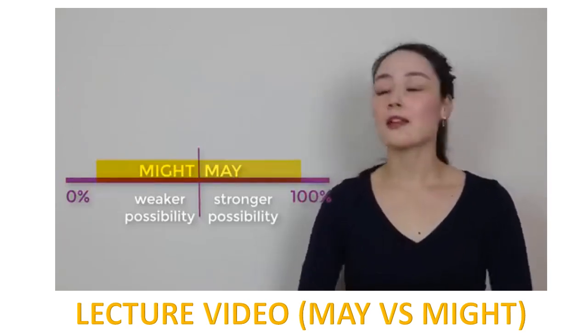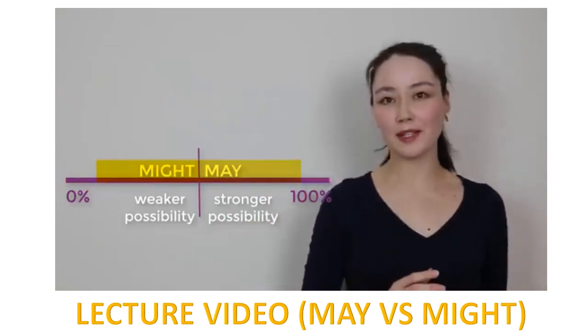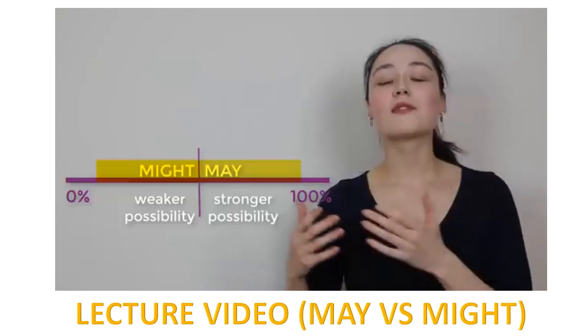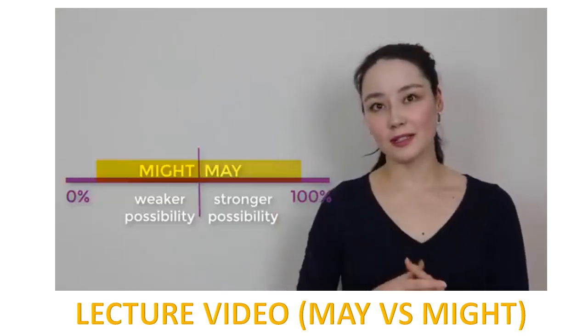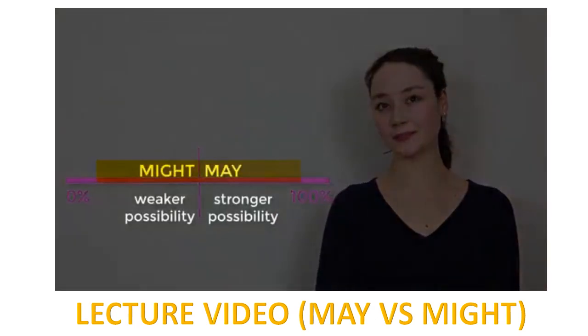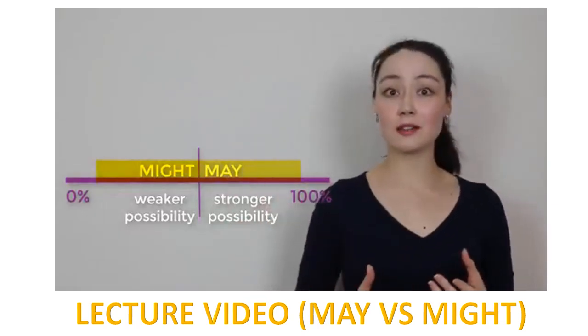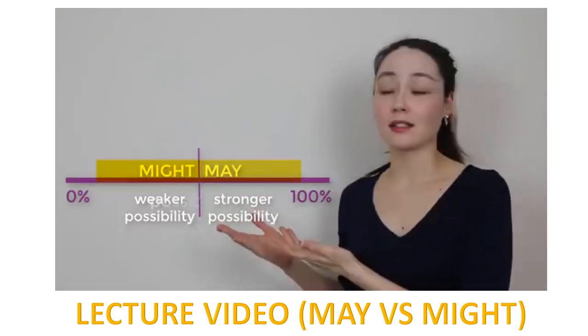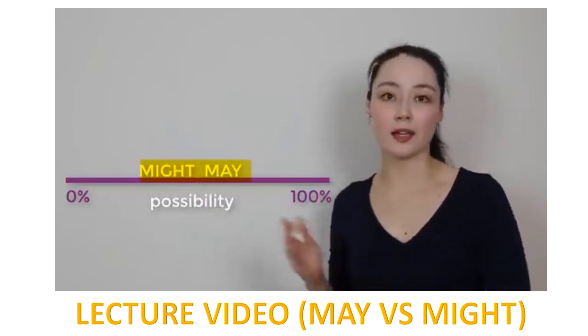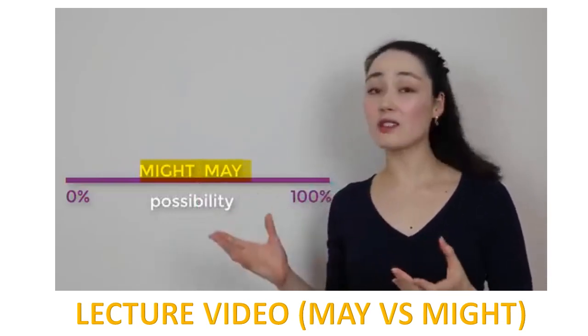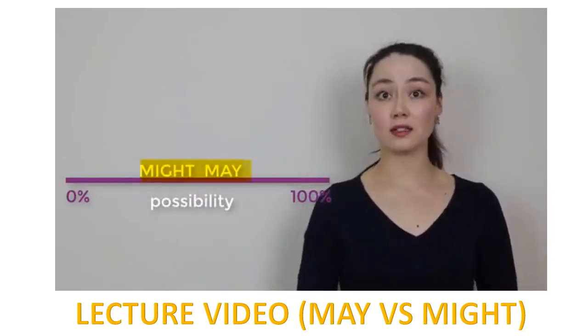So we know may is for stronger possibilities, might is for weaker possibilities. But many native English speakers use may and might in the same way, and there's no difference in meaning.